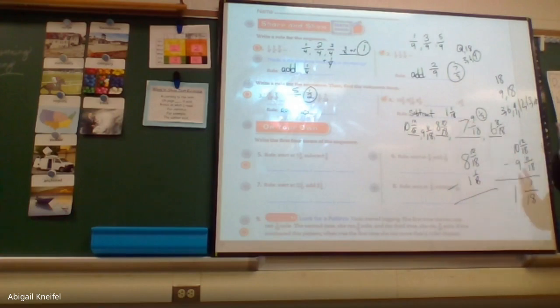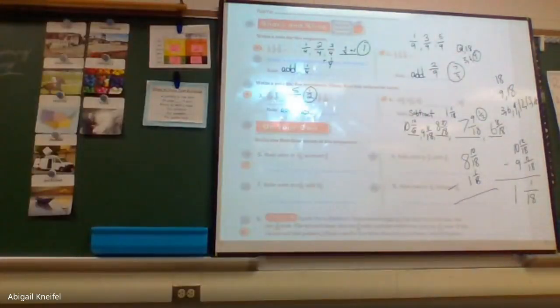We're subtracting 1 and 1/18 each time. We have 12/18, 11/18, 10/18, 9/18, 8/18. So our number clearly fits the pattern. Okay? Yay. Questions? I know it's a little bit challenging. It's okay. But you can do it.